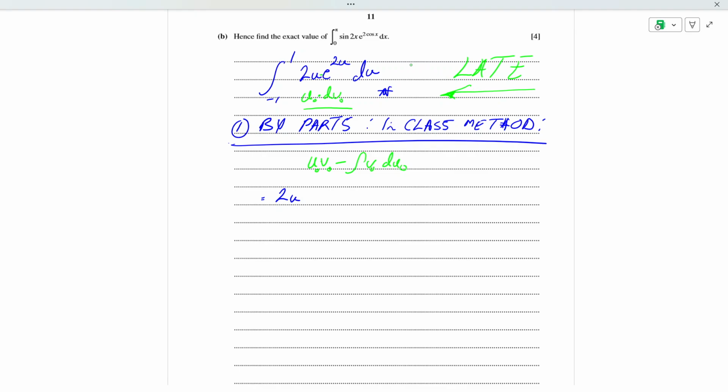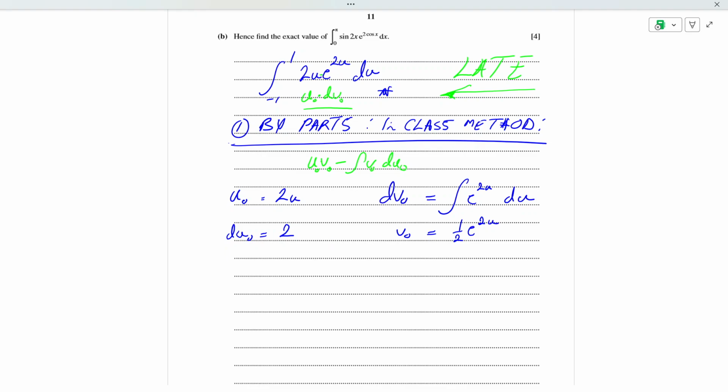So you have u naught equal to 2u. Then dv naught is equal to the integral of e to the u du. Then v naught is equal to half e to the u, since you differentiate the power, which is 2, then divide by it, and the function remains the same. Then du naught just becomes equal to 2.